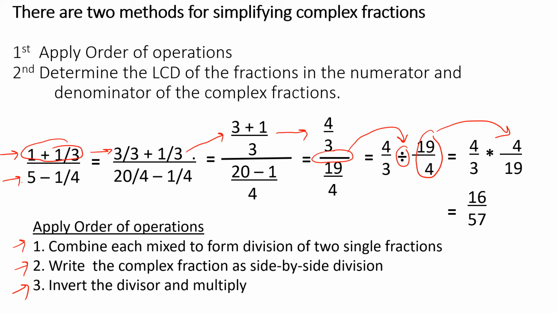We converted that 5 into a fraction with a common denominator of 4, then combined and added them. So it's just that simple. Once we have these as two single fractions, we can write it as a division problem, then change the division to multiplication and invert the fraction. So that's the method of applying the order of operations.